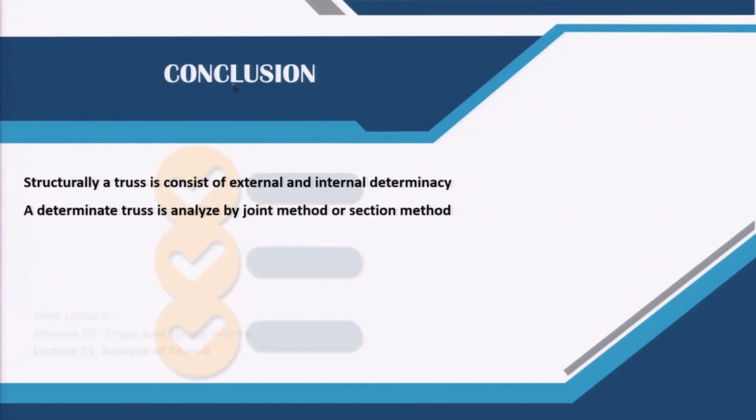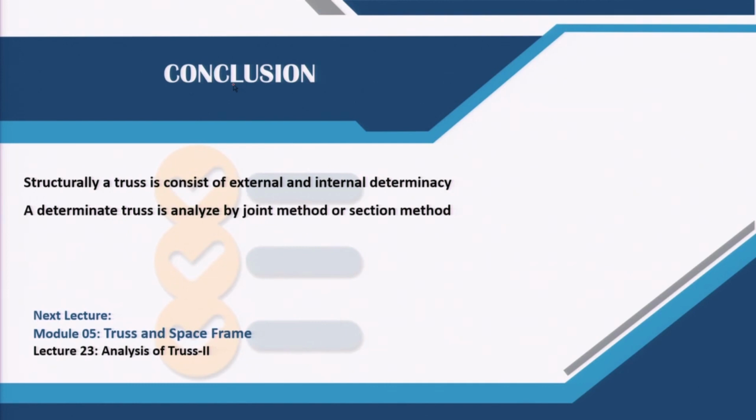Let us conclude this discussion. Structurally, a truss consists of external and internal indeterminacy. That is the first thing we have to look into. First we have to see whether it can be solved by the equations of statics or not. The determinate trusses are analyzed by the joint method and the section method.